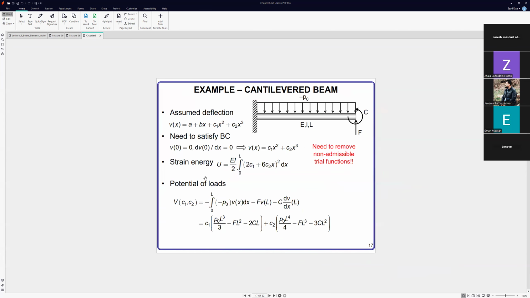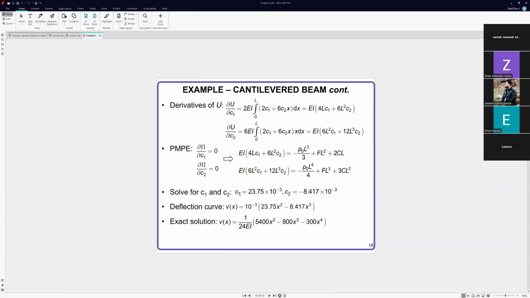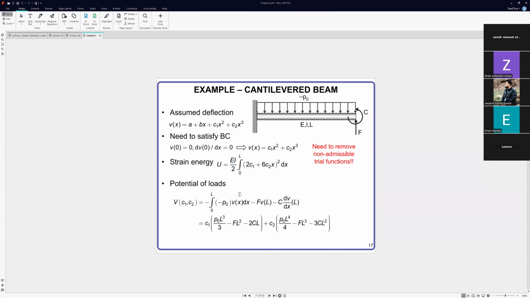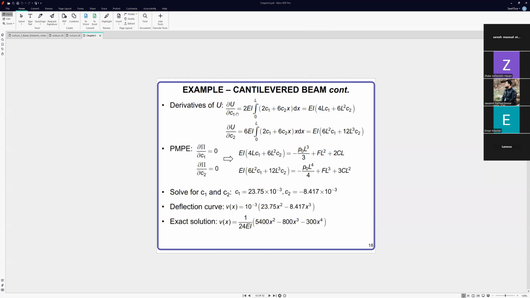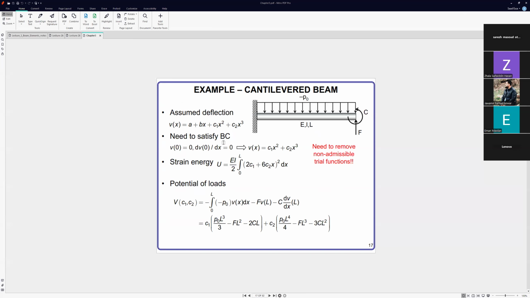So after we find the strain energy and the potential of loads, we can find the total potential energy, and now we should make the derivative after making the summation.